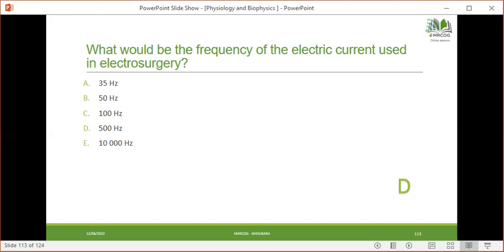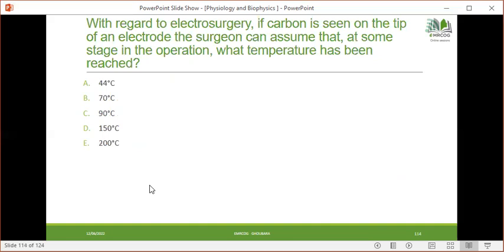Okay? 500 hertz. Before we answer this question, let's revise some basic principles about diathermy.